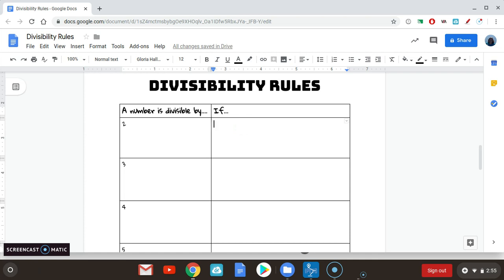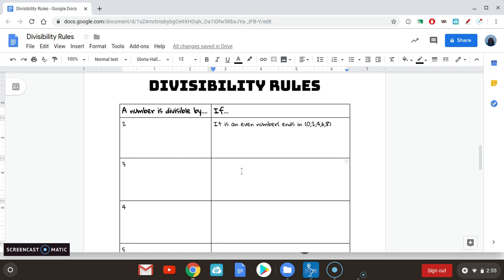A number is divisible by 2 if it is an even number. An even number ends in 0, 2, 4, 6, or 8. If it ends in those values, it is going to be an even number.